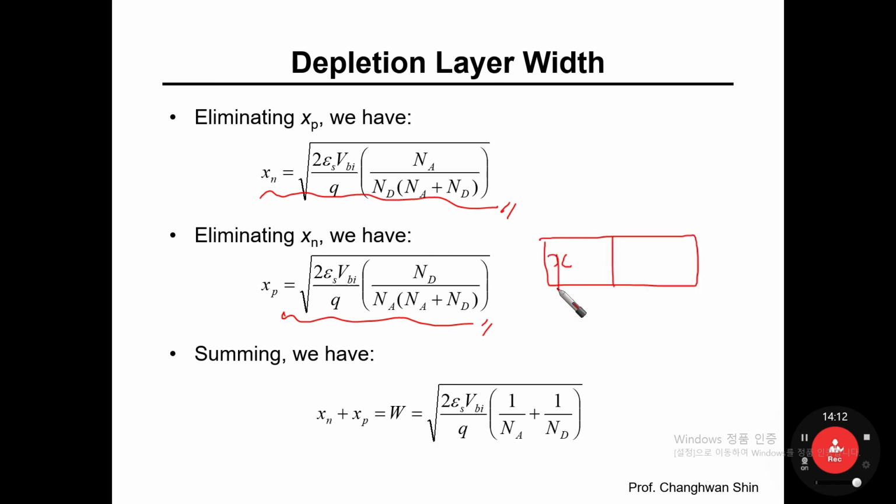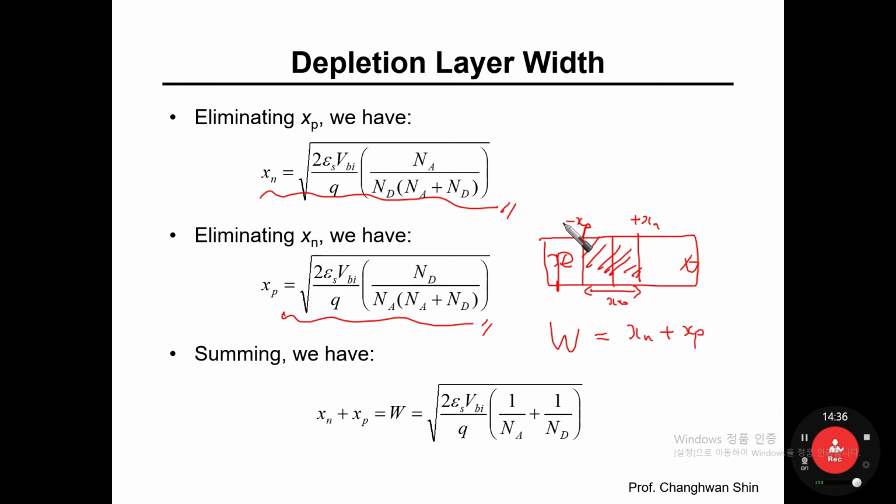Here in the p side and n side, so here at x of 0, using the depletion approximation, the depletion layer has been widened up to plus xn and down to minus xp. And in this slide, we would like to know the depletion layer width. That means xn plus xp.